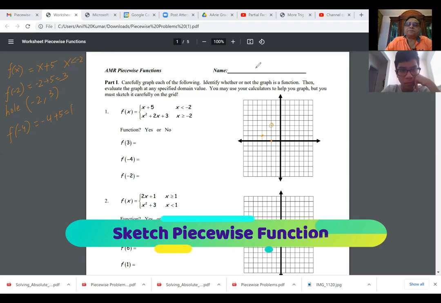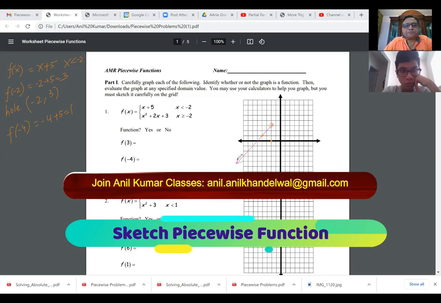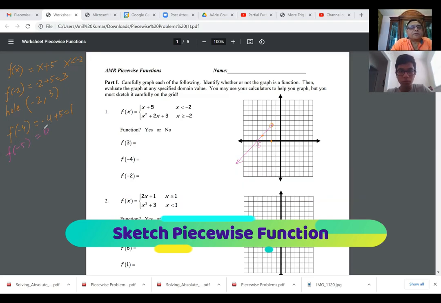And a very important point here is that it has a 0 at minus 5. So note that f of minus 5 is actually 0. Is it okay? So that is the left side of the piecewise function.